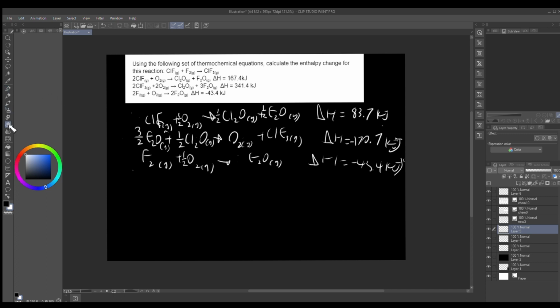And then for the last one, it's negative 43.4 times 0.5. So you get negative 21.7 kilojoules.